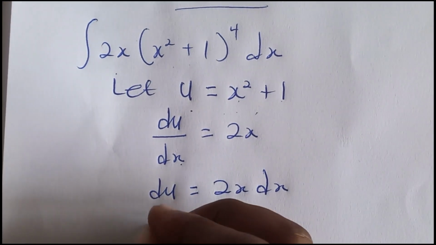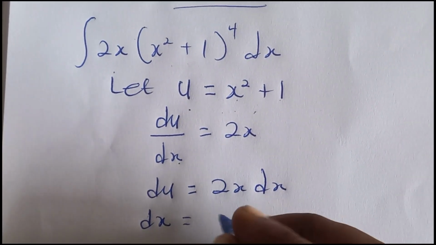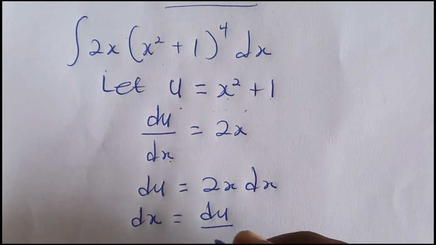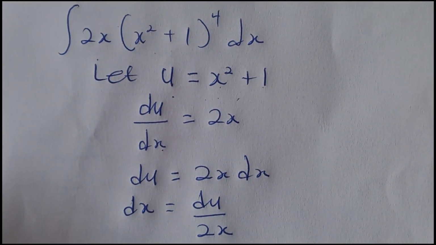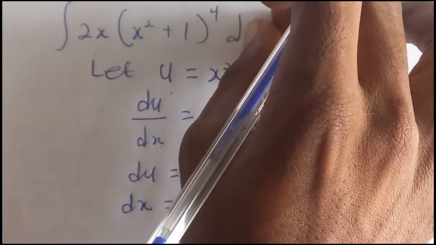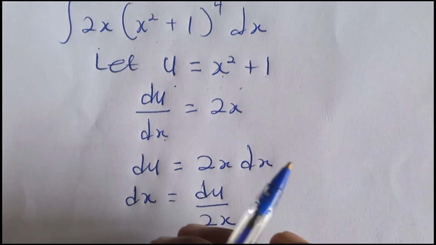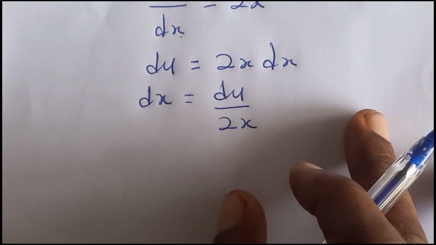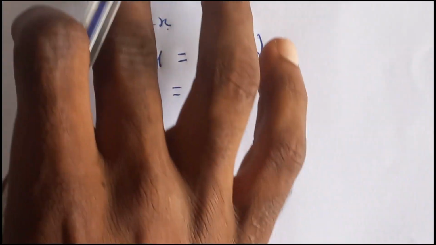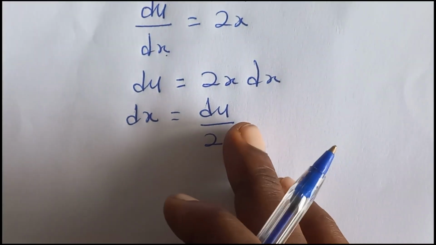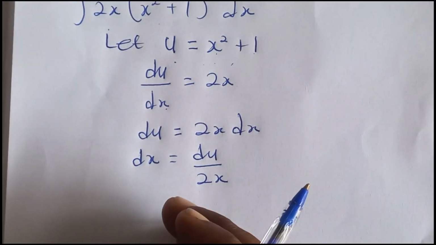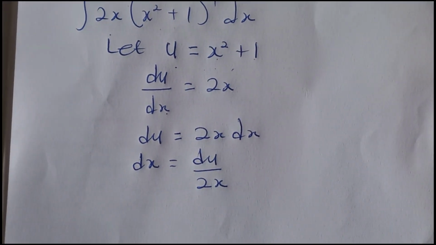So we get dx is equal to du on 2x. So now we have gotten dx to be du over 2x. And now our x squared plus 1 is now u. So let us substitute these terms into the integration.